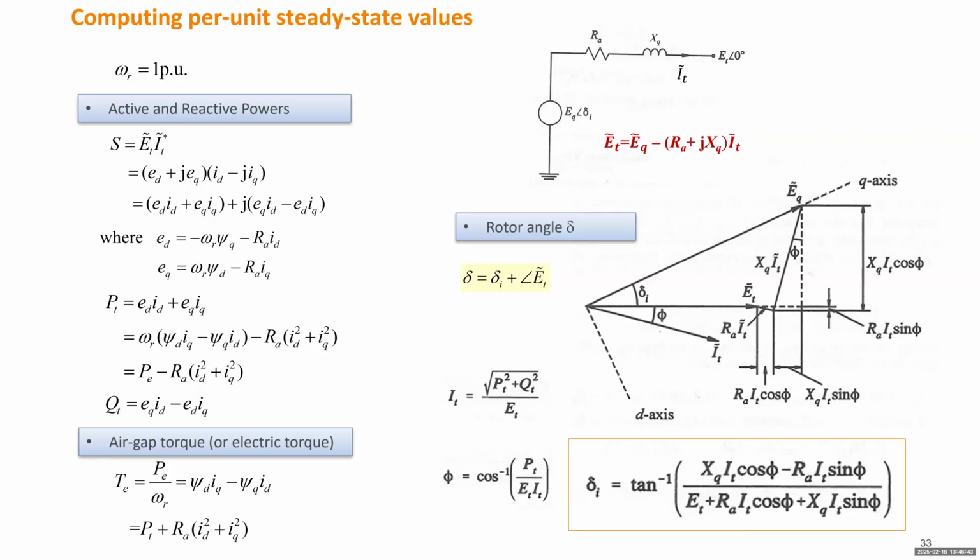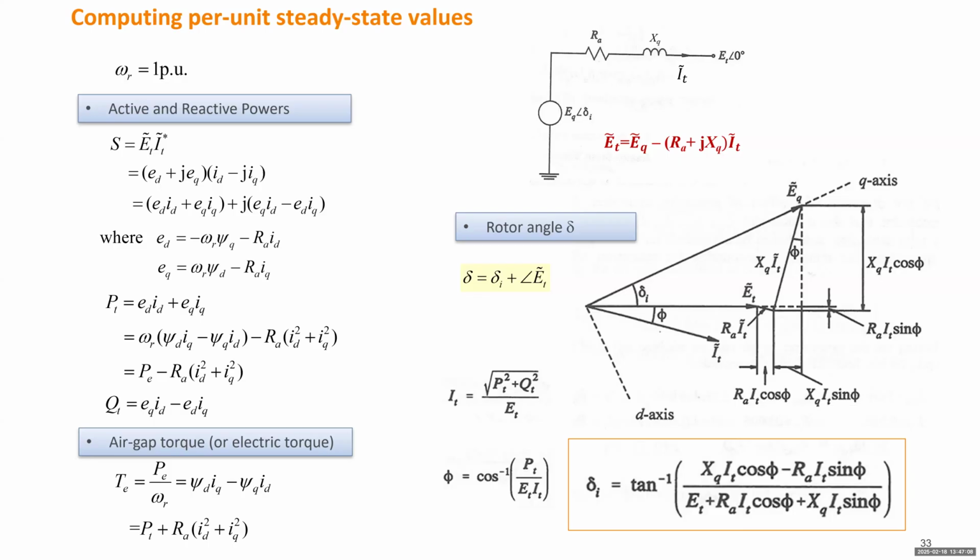The idea to calculate delta I is that we utilize this triangle. Okay, so this triangle. Because the tangent of delta I is equal to this part divided by that part. We calculate this part by the numerator in this formula, right?